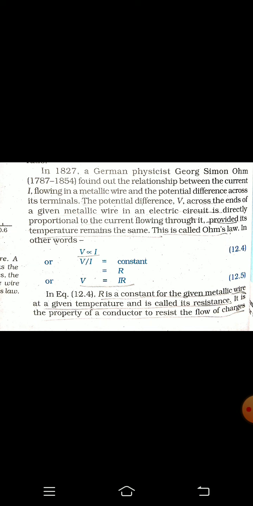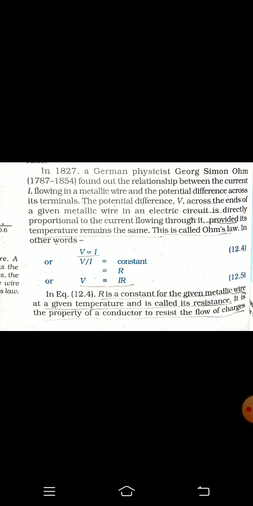What is R? R is a constant for the given metallic wire at a given temperature, and it is called its resistance. When we were learning circuit diagram symbols, there we learned resistor, and this is resistance. Both are different.